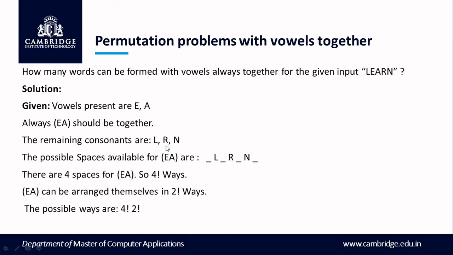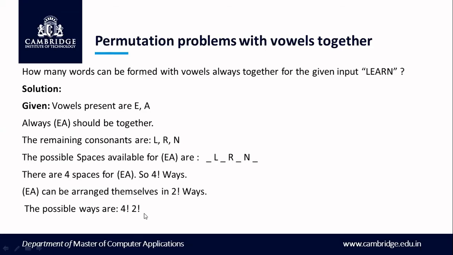The remaining consonants are L, R, N. The vowel group can come before L, in between L and R, in between R and N, or after N. So there are 4 places for the vowels E, A together, giving 4 factorial ways. But E and A can be arranged among themselves in 2 factorial ways. Therefore, the total possible ways is 4 factorial into 2 factorial.